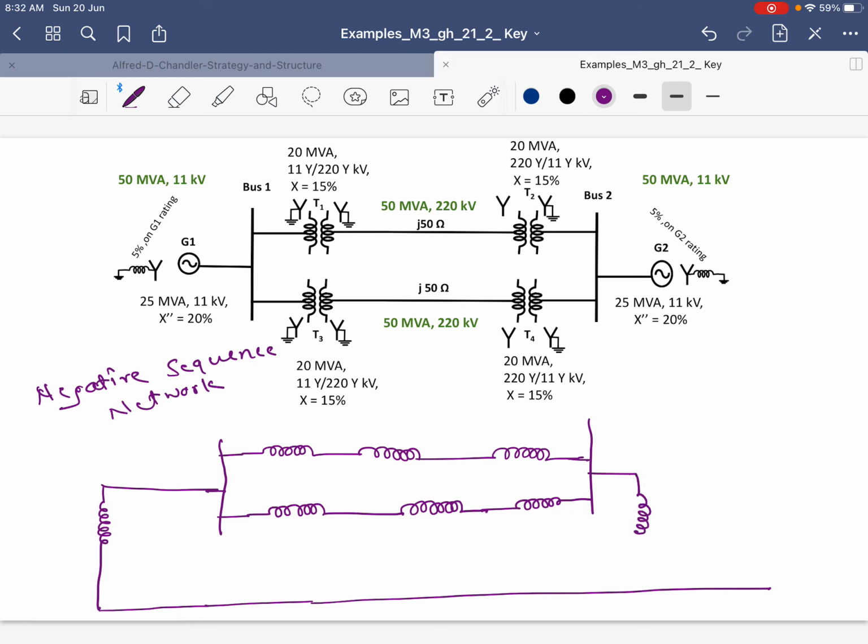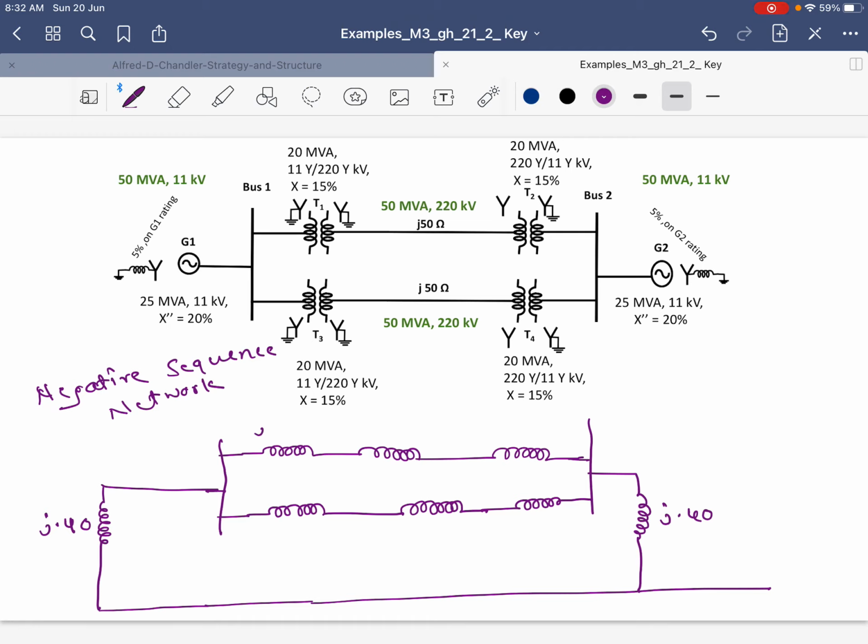Then lastly, there is generator 2. Here you have to represent the negative sequence reactance. The positive and negative sequence are the same for the generator, that is J0.40, J0.40 here.